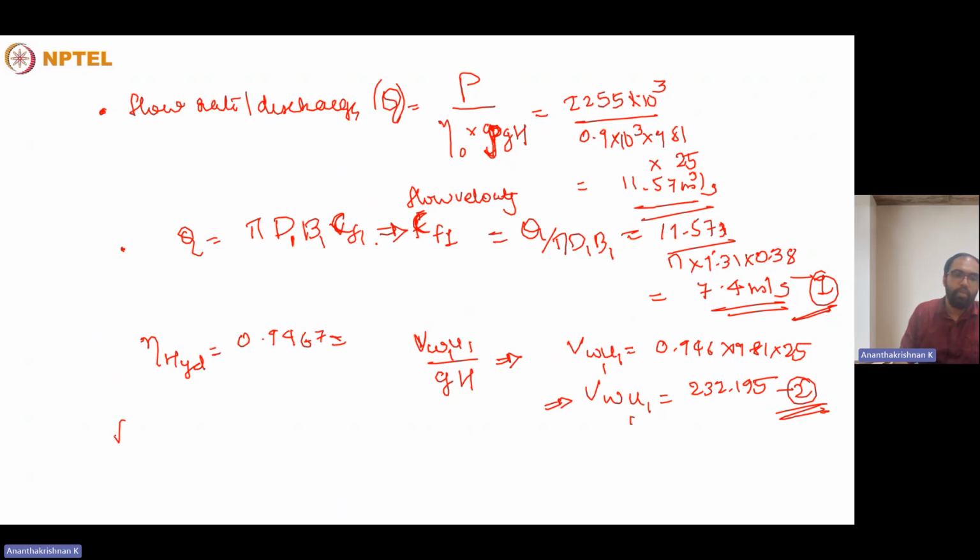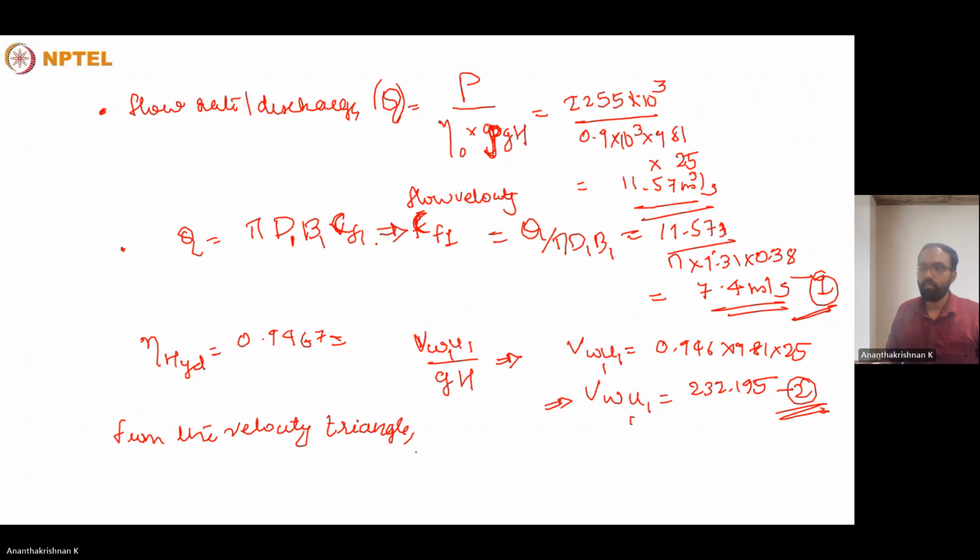So from the velocity triangle, tan of 180 minus 135 is equal to Cf1 divided by U1 minus Cw1.